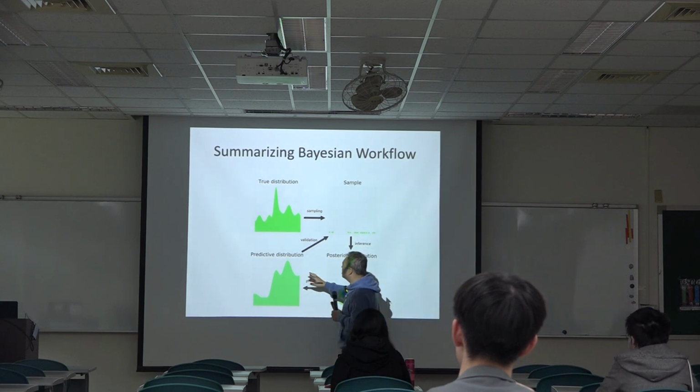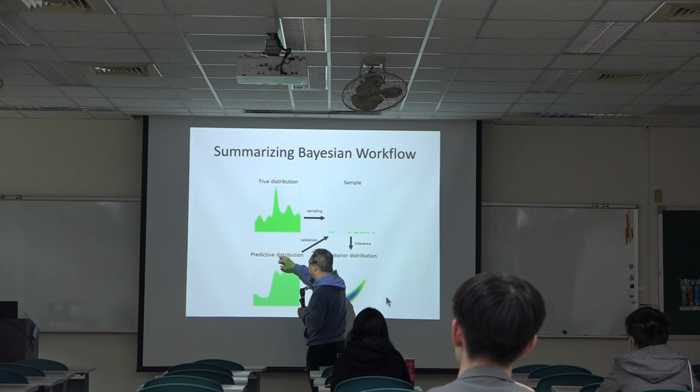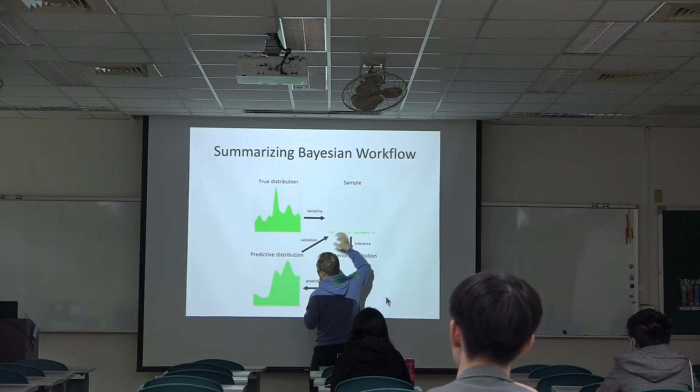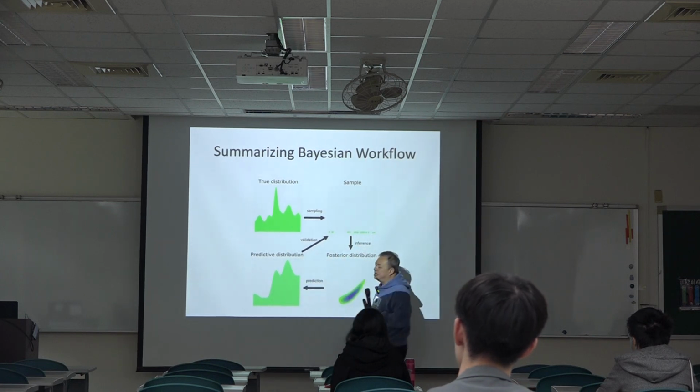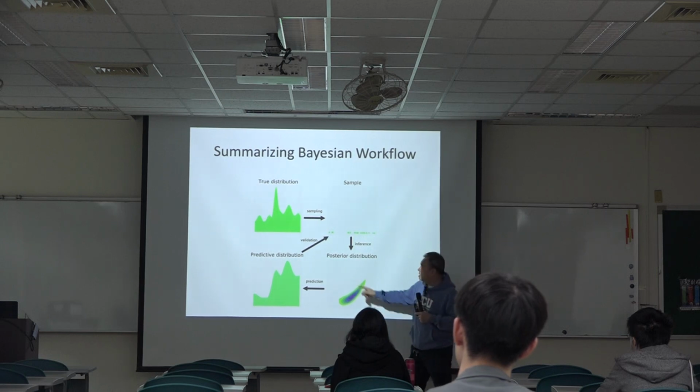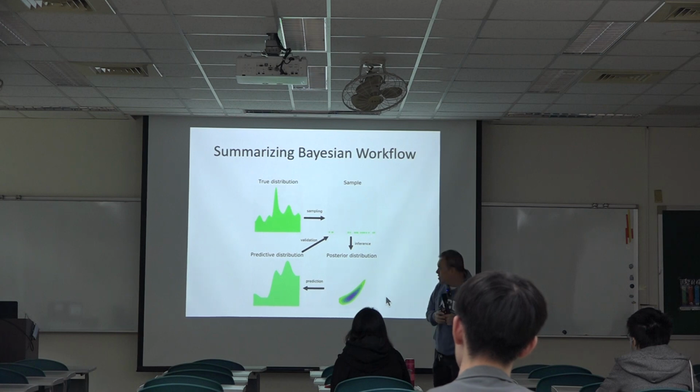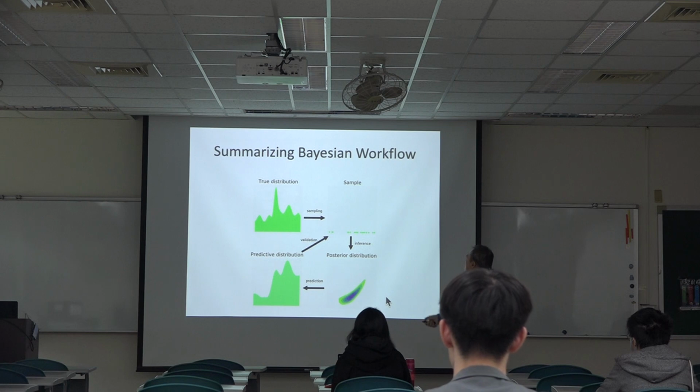Then, in the posterior predictive check, you check the distribution of your predictions and the distribution of your sample data to see what we meant by the auto consistency. So that's what we are doing for the Bayesian data analysis.